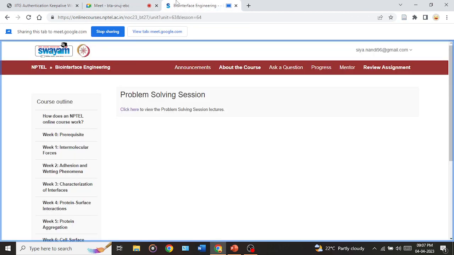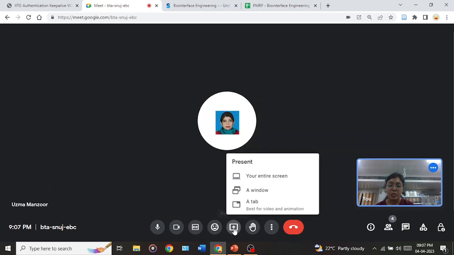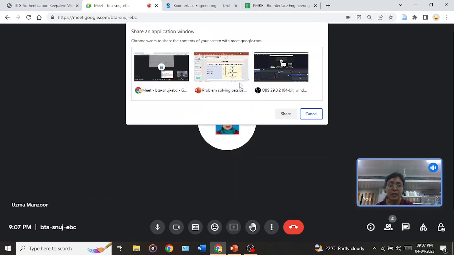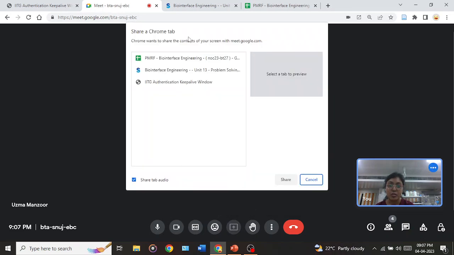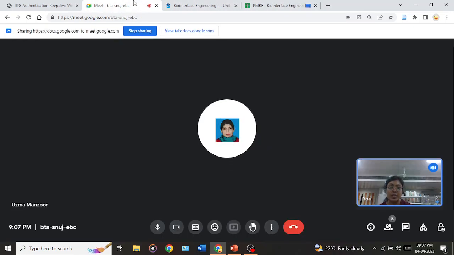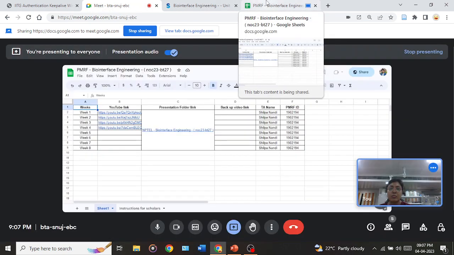you will be redirected to another tab, that is another window. Wait. So this will be the particular window that you can see when you click here.